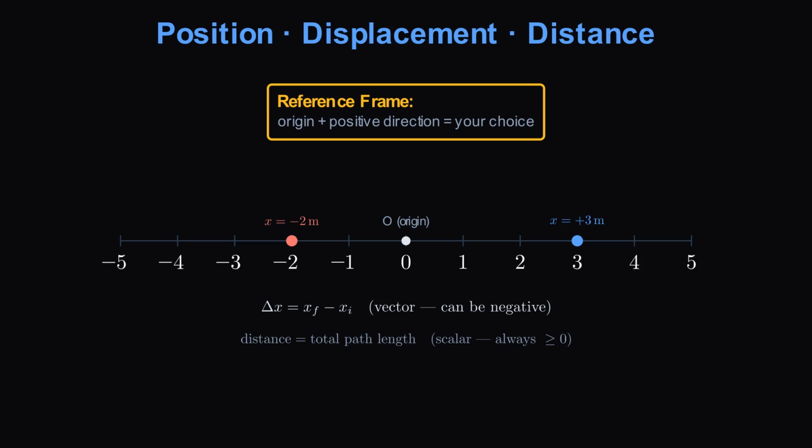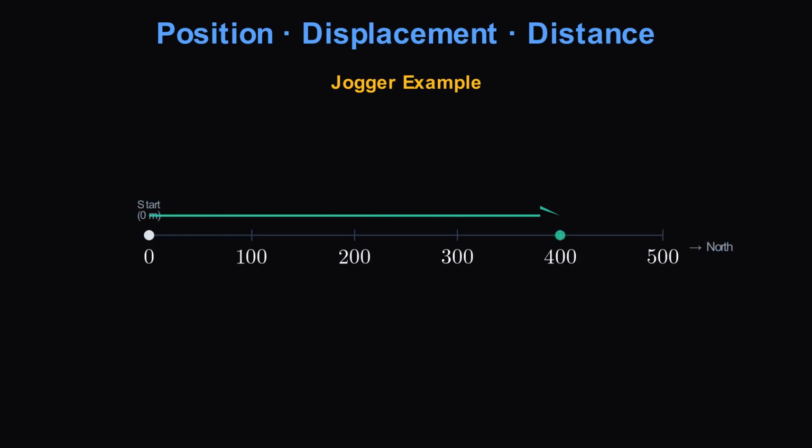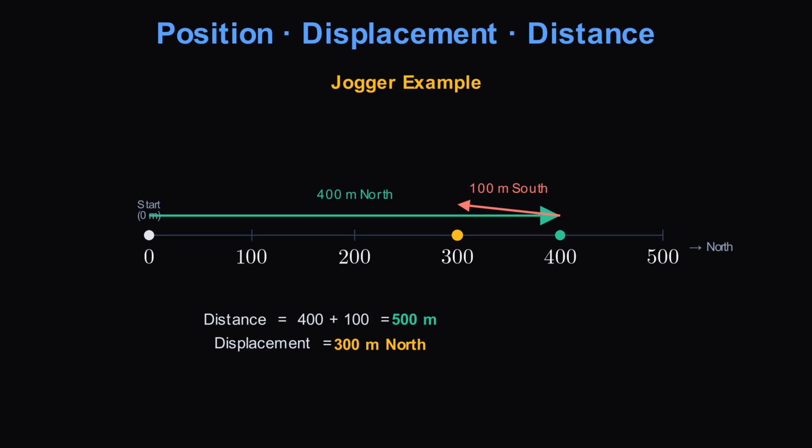Now, suppose the object moves. It starts at some initial position, x initial, and ends at some final position, x final. The displacement is defined as the change in position, delta x equals x final minus x initial.